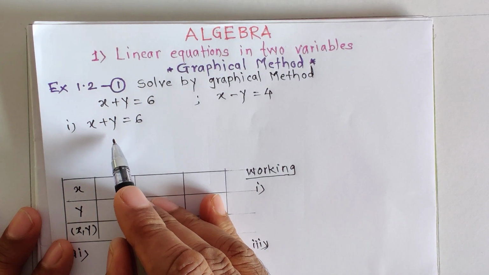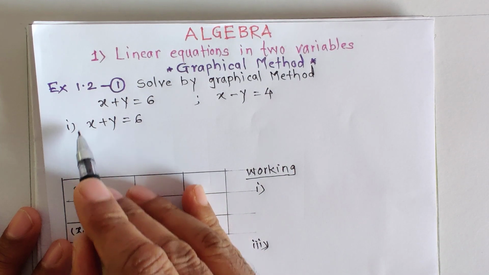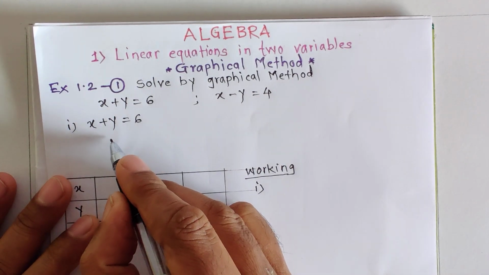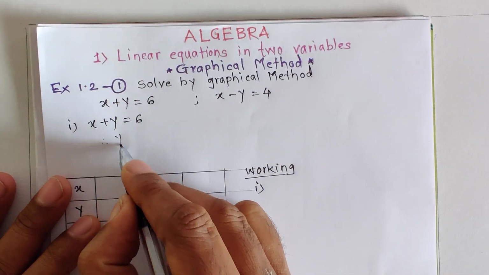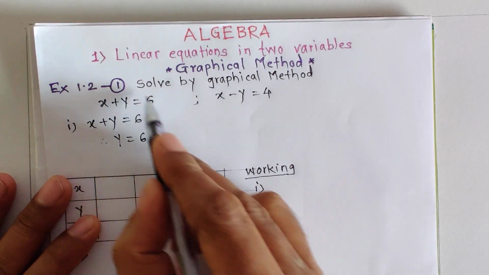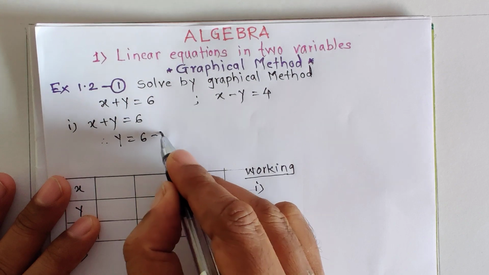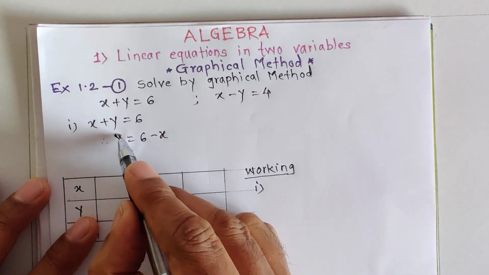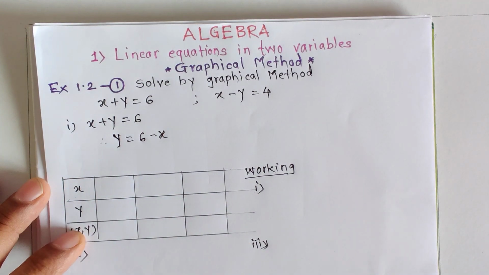So here we get y is equal to 6 and this x becomes minus x. So we get the formula to calculate the value of y.